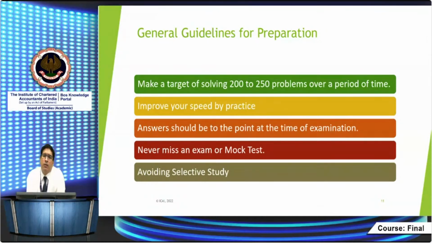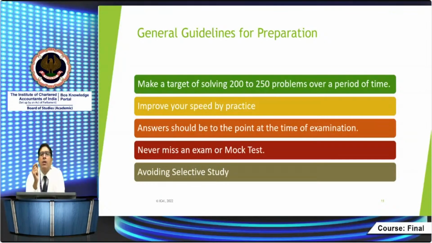Speed can be increased by proper planning, by proper practice. If you have good practice, then you can solve this paper easily within 3 hours.